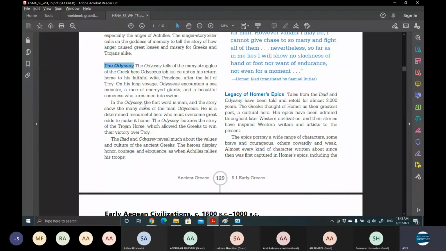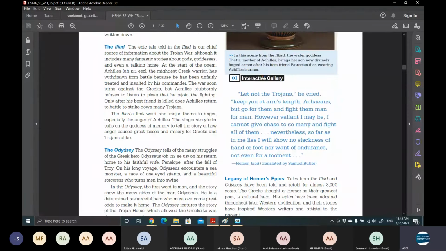Later the story tells that the goddess Aphrodite came to him and helped him go back to his family, and he saved his family from the people who wanted to treat them badly or even hurt them. From the Odyssey, we learn that a man has a huge responsibility towards his family and must keep his family safe.